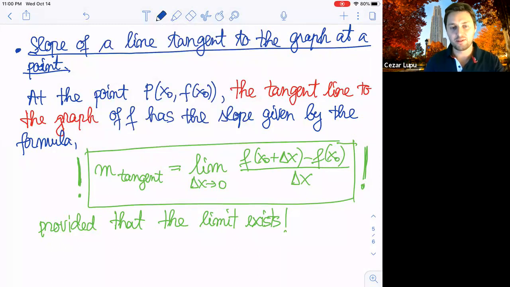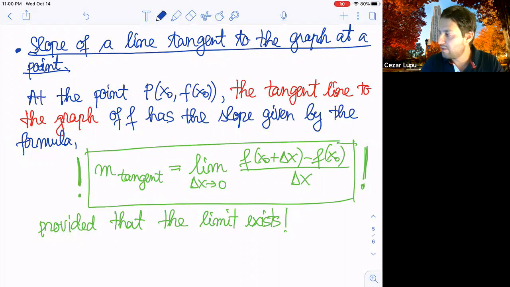But I would like you to look at this formula. So the slope of the tangent line, keep in mind that it is defined by this formula, is the limit as delta x approaches 0 of f of x naught plus delta x minus f of x naught, everything over delta x.